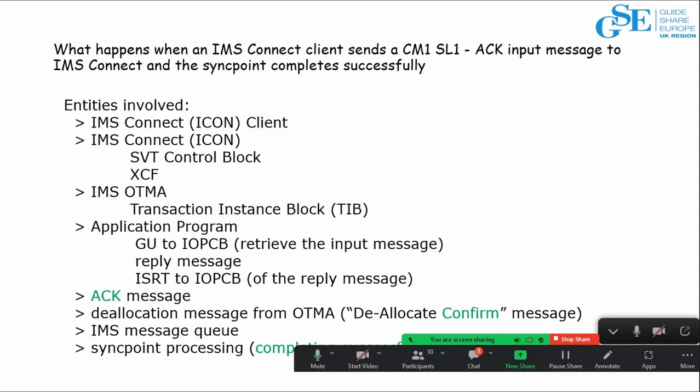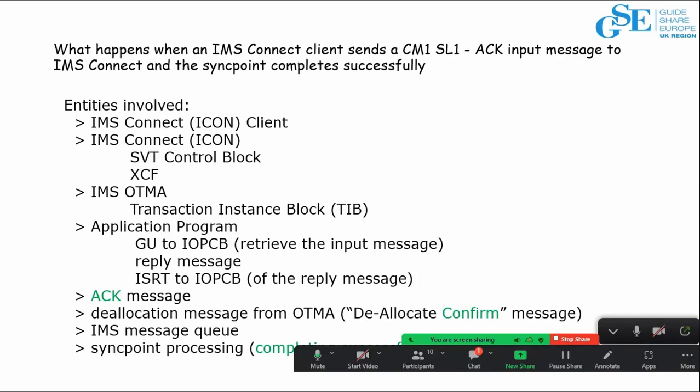This control block is allocated by OTMA. A few other things also happen depending upon the level of security set up in your OTMA and IMS Connect processing environment. A system authorization facility, or SAF product, RACF for example, can be called if needed.